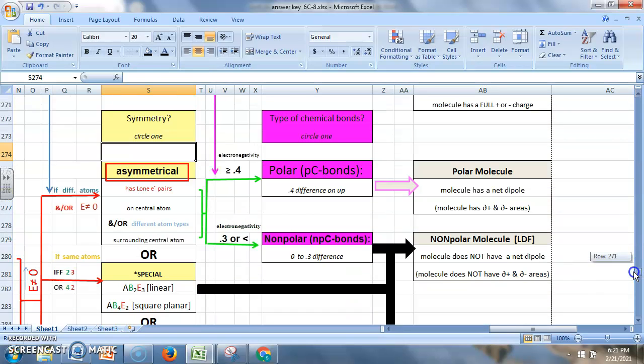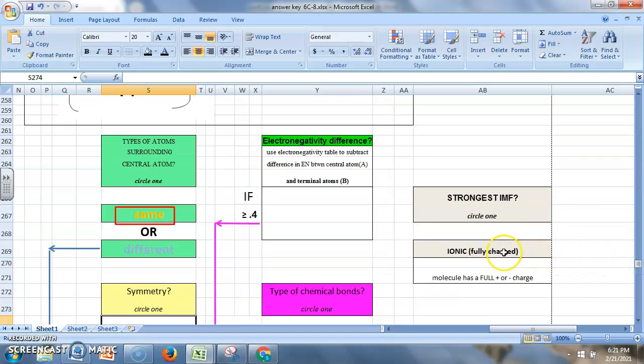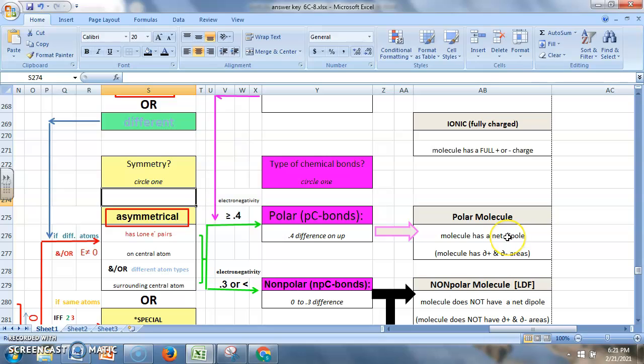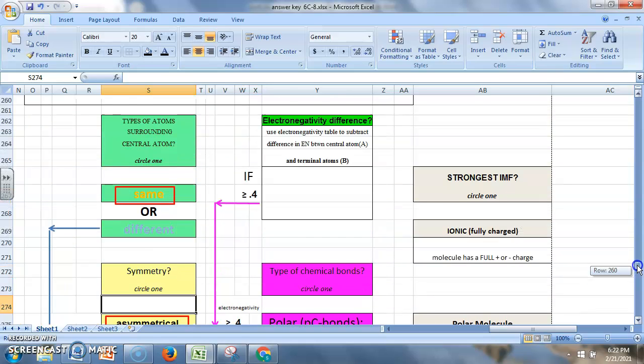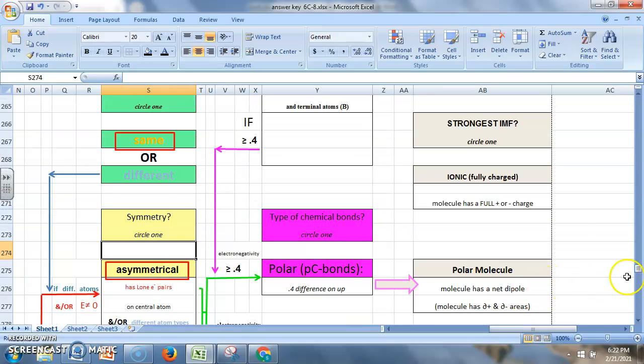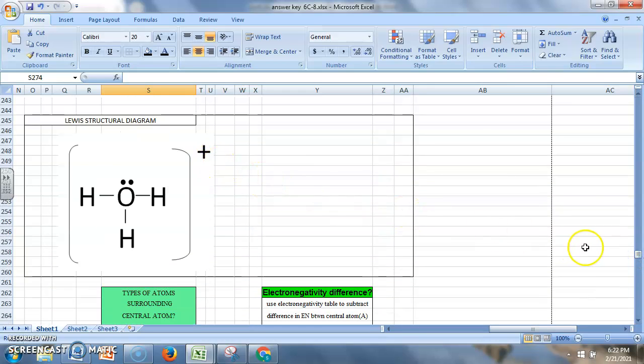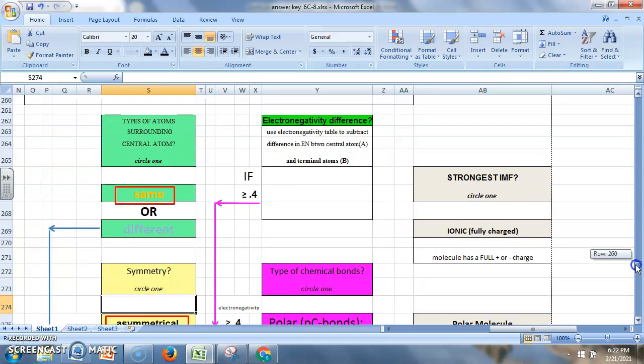It is an asymmetrical molecule, but it has a positive charge. So the fact that this molecule might have poles on it doesn't really matter. It will have poles on it. But the strongest thing on here isn't going to be the partial charge poles. The strongest thing on here is going to be the fact that it is fully charged. So when we come down to this bracket right here, we want to circle that the strongest thing this has is a full charge. It is ionic.